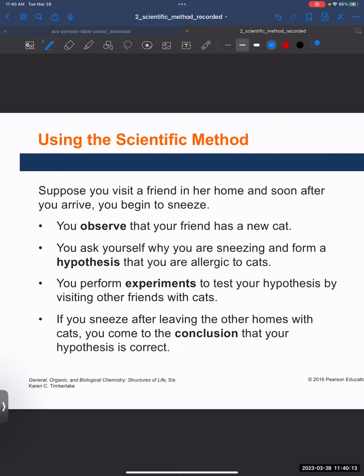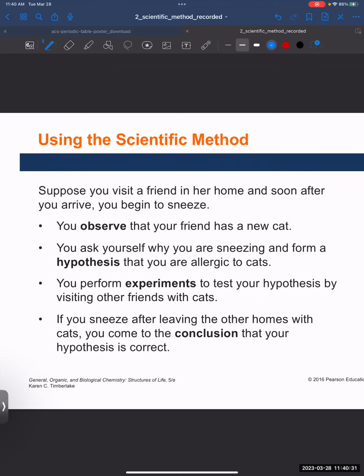So suppose you visit a friend in her home, and soon after you arrive, you begin to sneeze. And you observe that your friend has a new cat. You ask yourself, why are you sneezing? And form a hypothesis that you may possibly be allergic to cats.